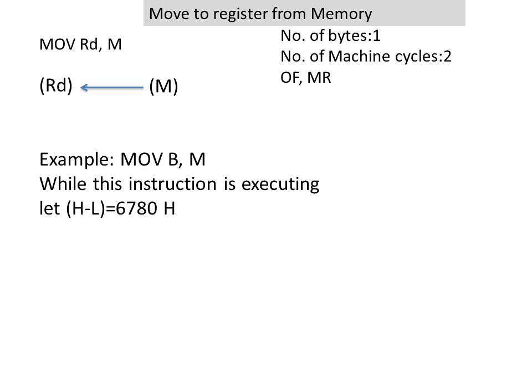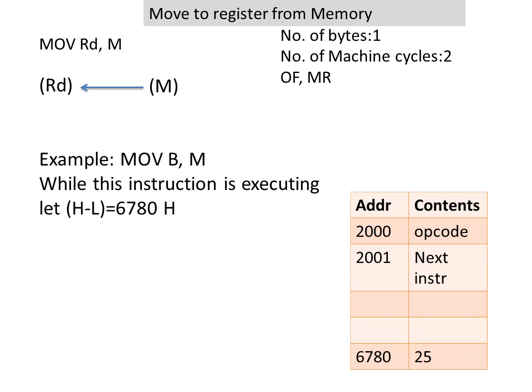Say for example, if you write MOV B comma M, while this instruction is executing, suppose the HL register pair contains 6780H, then naturally 6780H itself will be treated as the address of M. So from which location will the contents be transferred to B? It is the contents available at address 6780 that will be copied into B. So at 6780 you have 25, that means after the instruction MOV B comma M, 25 will be copied into the B register.